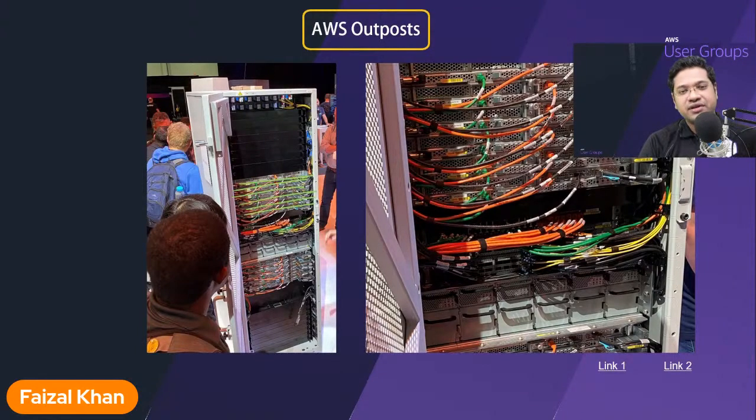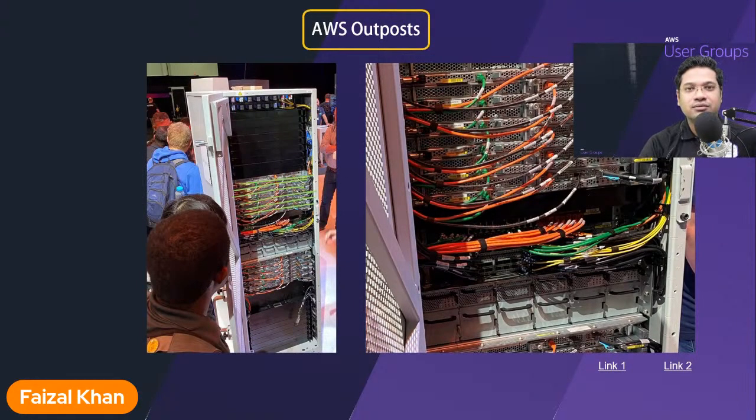It has several additional capabilities that they have been adding, which is services like RDS, etc., which you can run. But the idea here is that you can take this machine and put it in your own data center, which means the EC2s that you're going to run are inside your data center, right? So you're going to have very low latency.